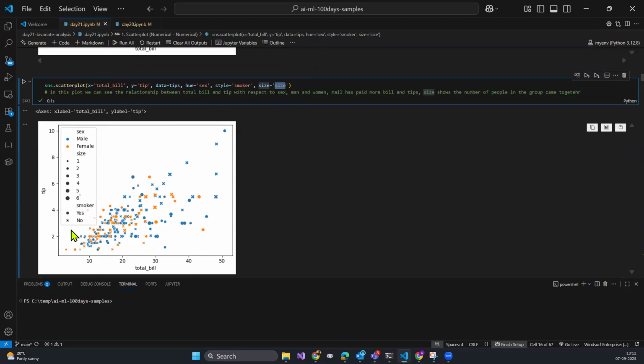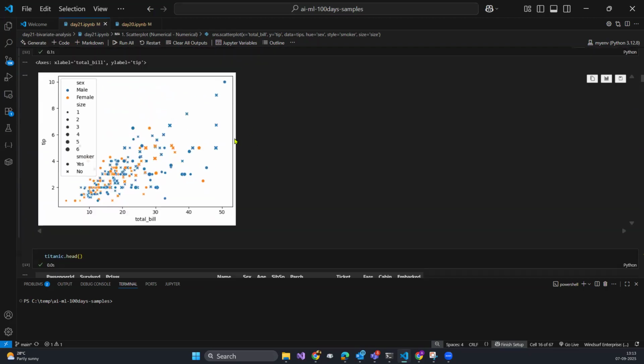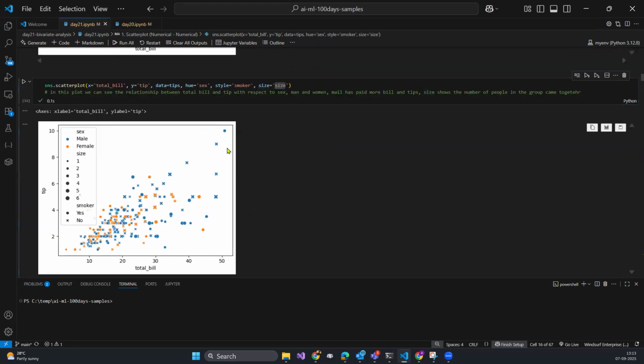Wherever we see a small dot, we had a smaller party. Mostly, wherever we have a higher bill in this area, we are getting more people dining, right? So this is one intuition we are able to build from this data set distribution and visualization.